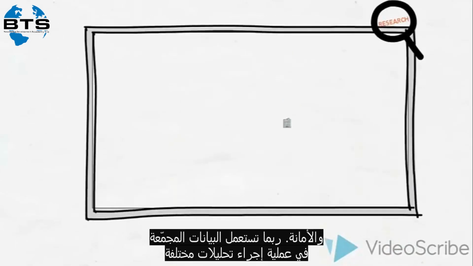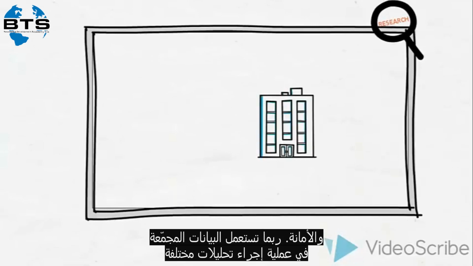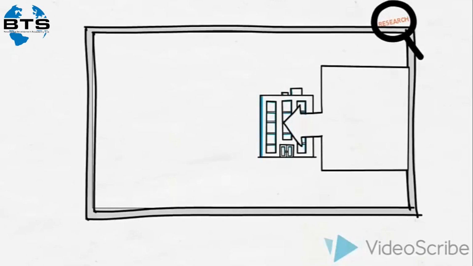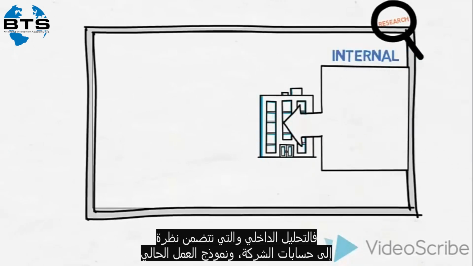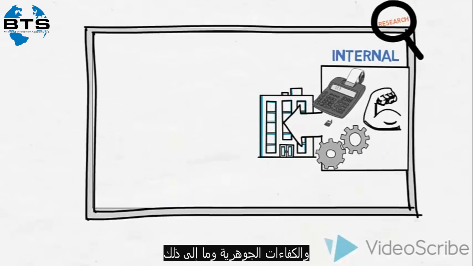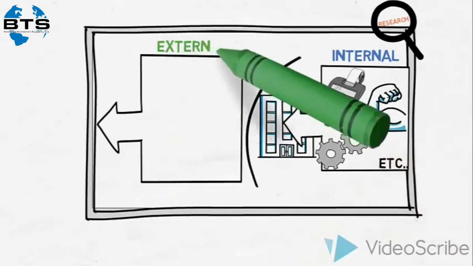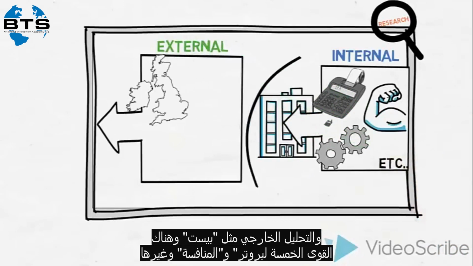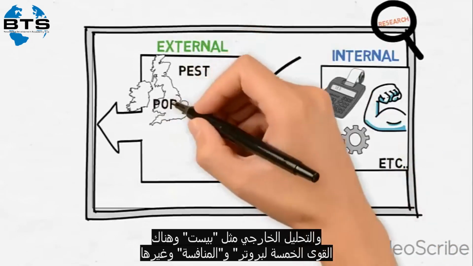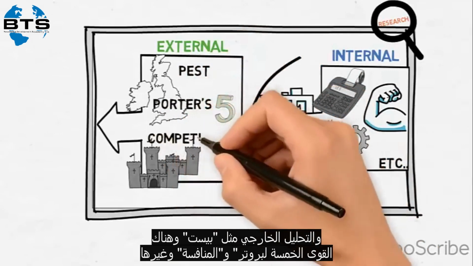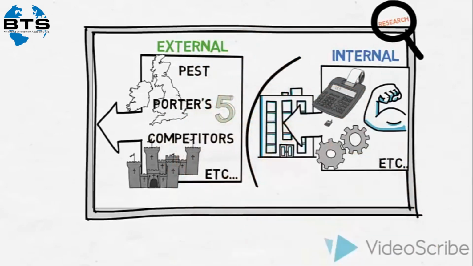The gathered data might be used in a process of conducting different analyses. Internal analysis, which could include a look at the company accounts, current business model, core competencies, and others. And external analysis such as PEST, Porter's 5 forces, competitor analysis, and others.